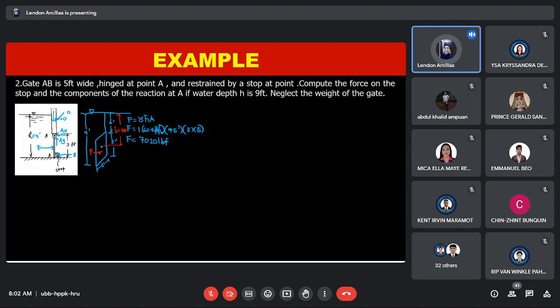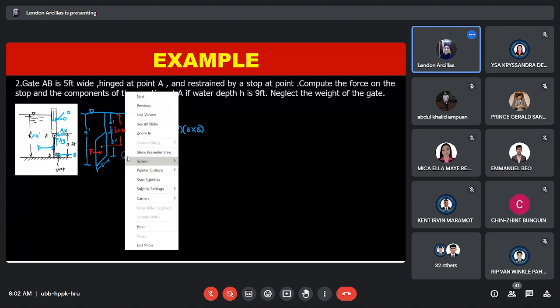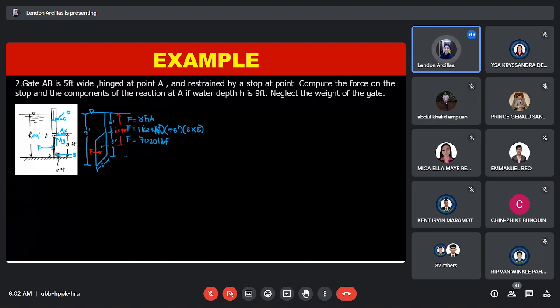Next is the location of our F. So to find the location of our F, kailangan natin yung eccentricity. Since siya yung magiging standard natin para malaman kung saan siya naka-position from the centroid. So that is BH cubed over 12 times area times H bar. H bar is equal to Y bar since that is vertically submerged. So pag naka-inclined, yung H bar and Y bar is different.